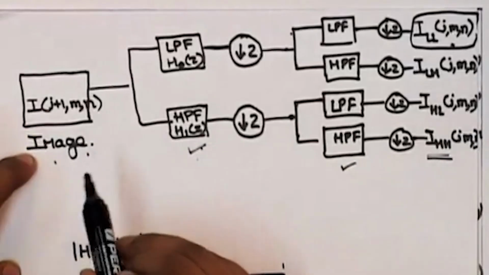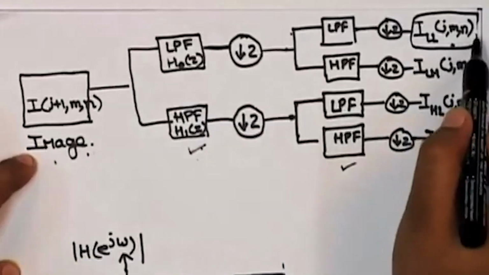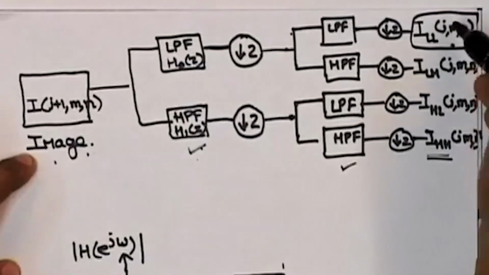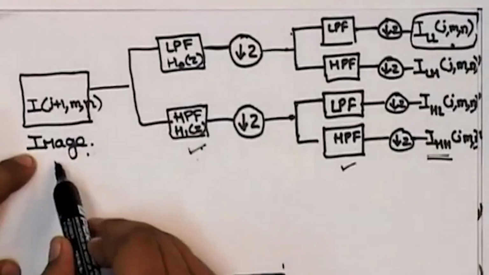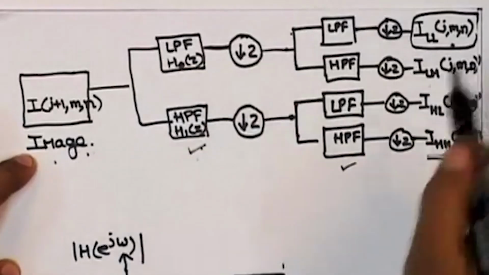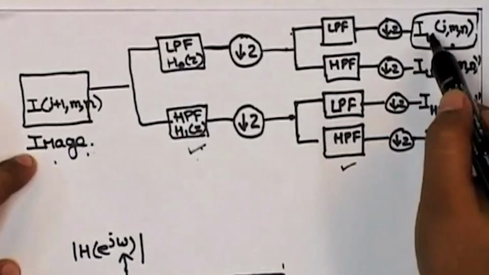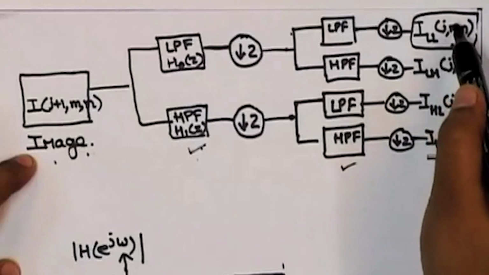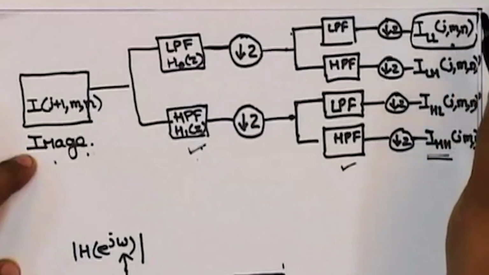Therefore, we repeat the whole process again with the LL image as the input, and we have to be cautious that now this image is at scale J. When this is at the input, after doing all these operations, at the output we will obtain the same ILL but at scale J minus 1.